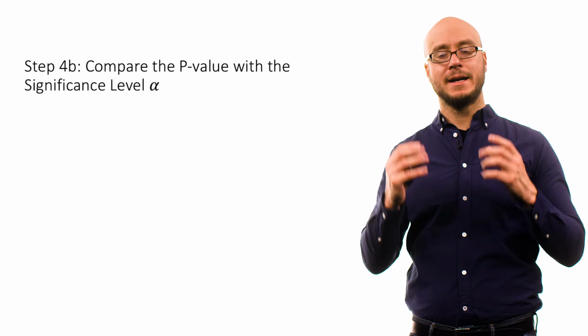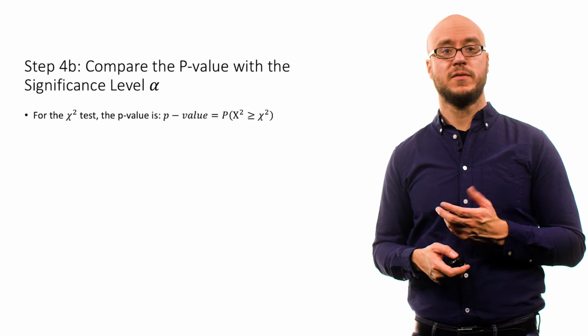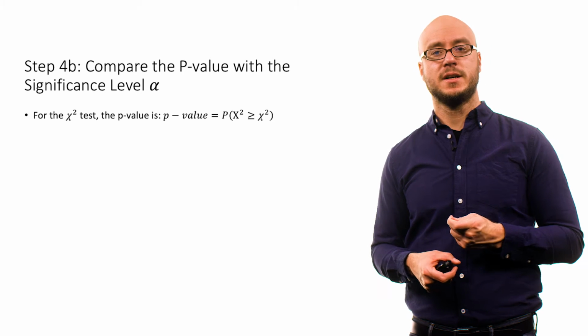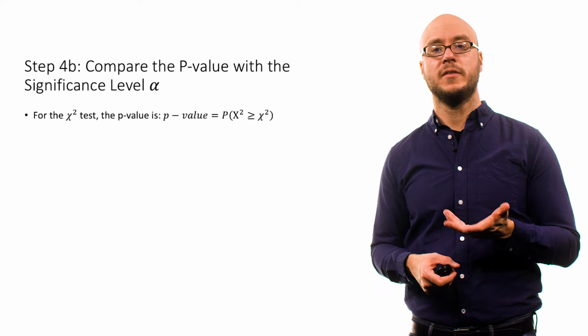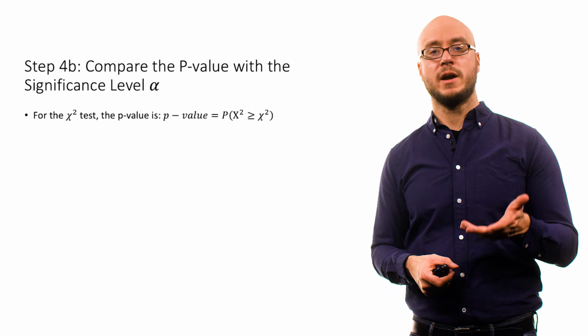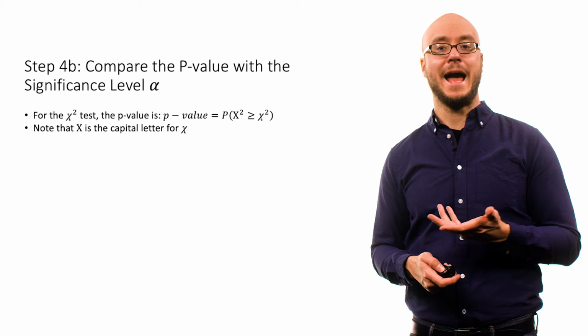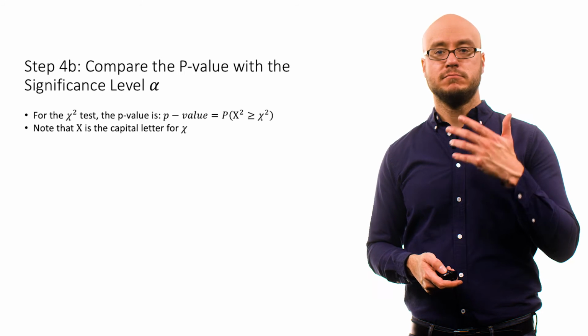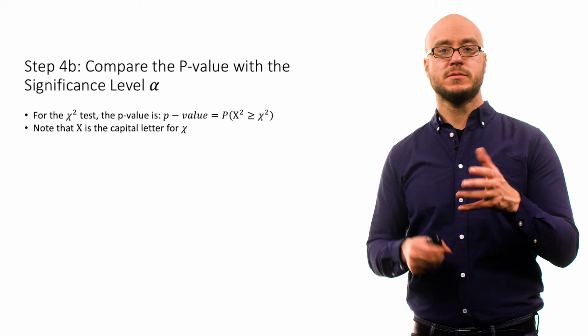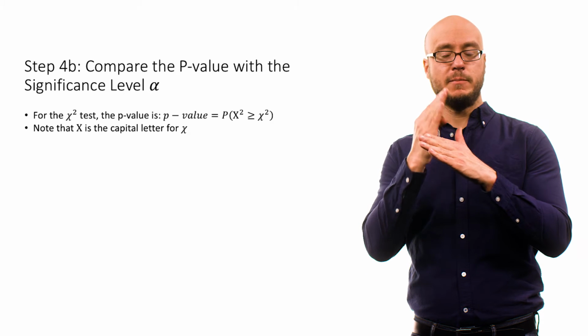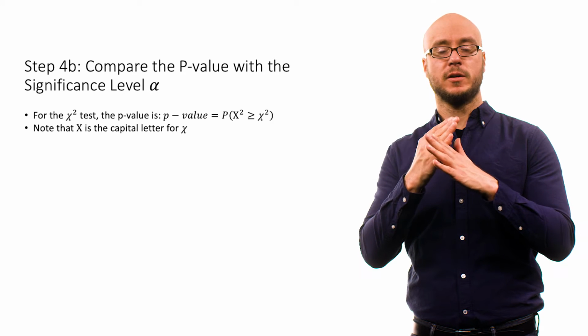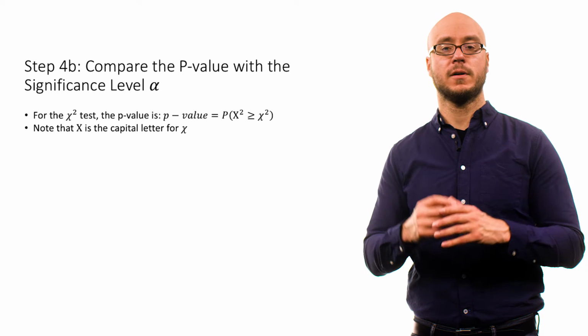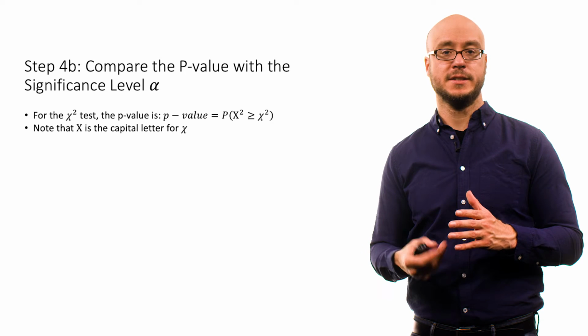We can also calculate probability or p-values, just like before. For the chi-squared test statistic, the p-value is simply the probability of obtaining a chi-squared test statistic greater than or equal to the one we actually observed. Just keep in mind in notation, that square-looking X is just a capital letter chi, capital Chi and lowercase chi.